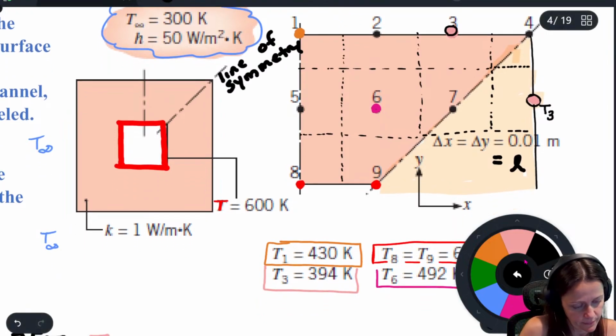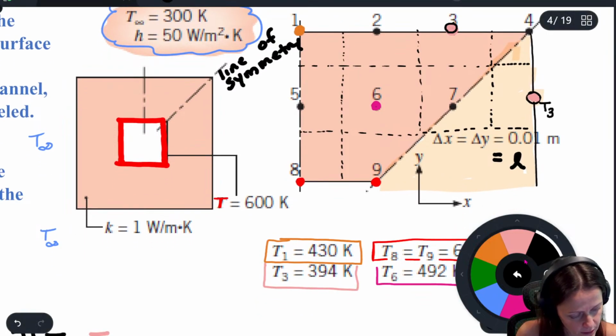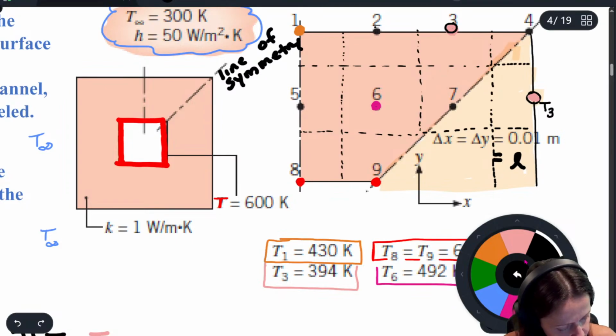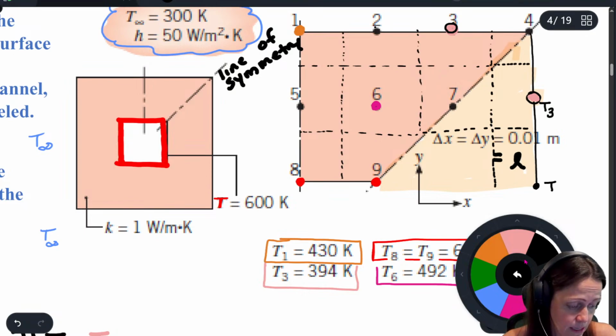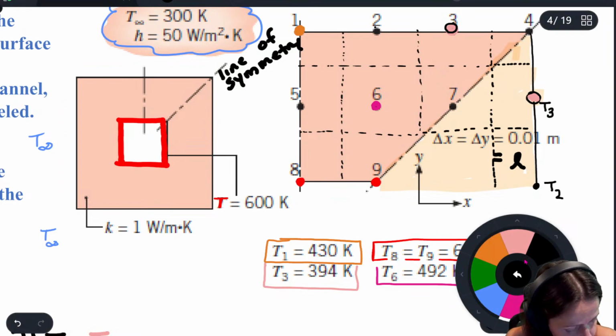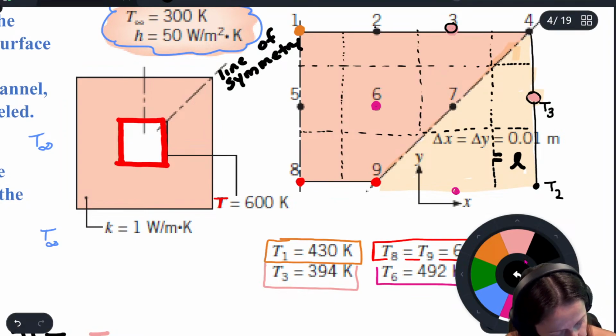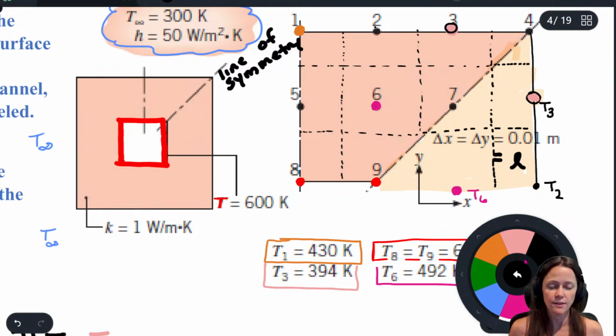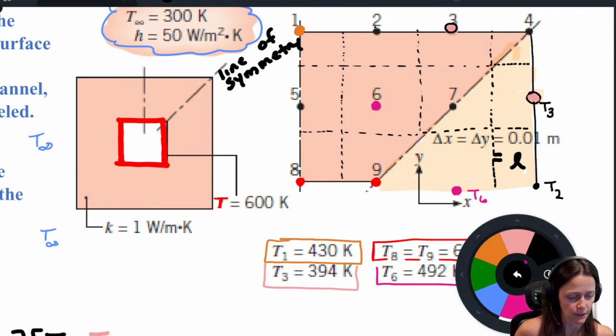I kind of brought it all the way down. This temperature right here, I could do the same thing. If I had to define a temperature right here, this would be the same as T2, right? It's the mirror image of one another. This temperature right here would be the same as T6 if I needed it. You can kind of see where we're going there.